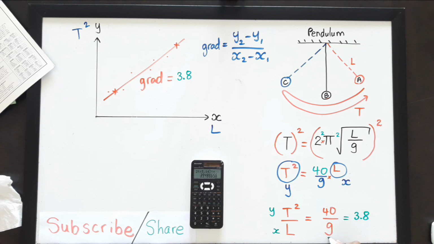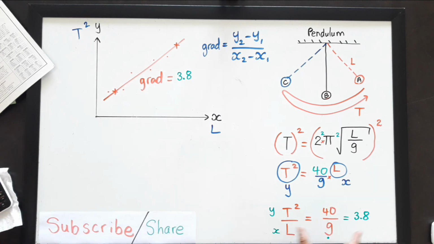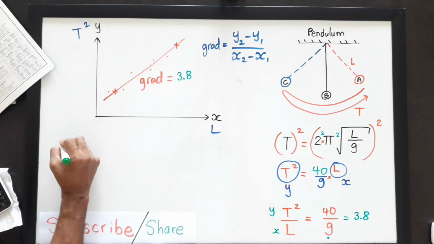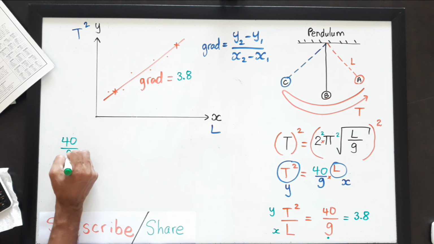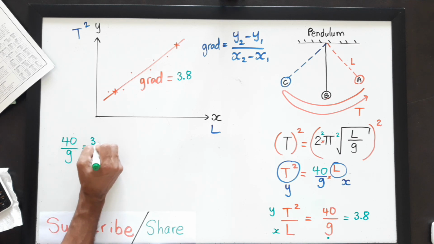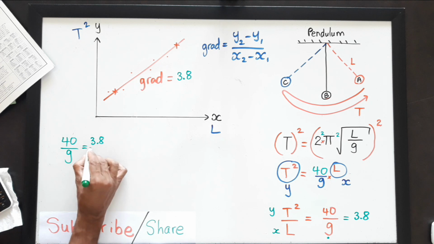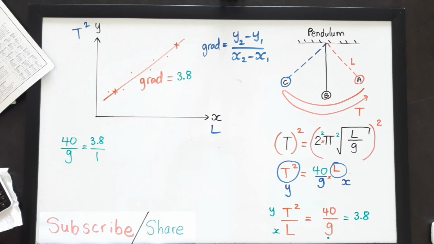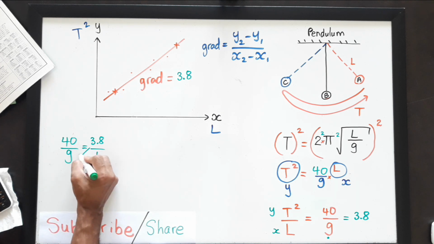Let's calculate the value of gravity on Earth using these values. So let's use it here. 40 on G is equal to 3.8. Let's solve for G. 3.8 is the same thing as 3.8 on 1. Let's cross multiply.